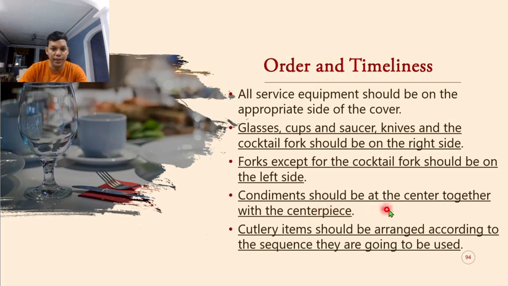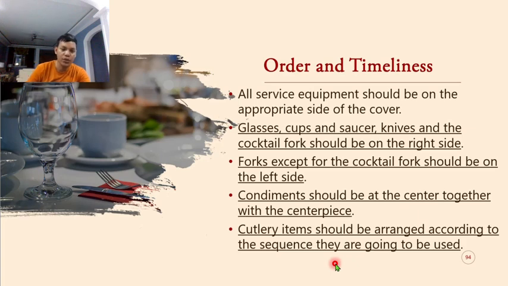Condiments should be at the center together with the centerpiece. Okay, the condiments, salt and pepper shaker. Cutlery items should be arranged according to the sequence they are going to be used. So if, for example, you have an appetizer, we need to have this kind of sequence.